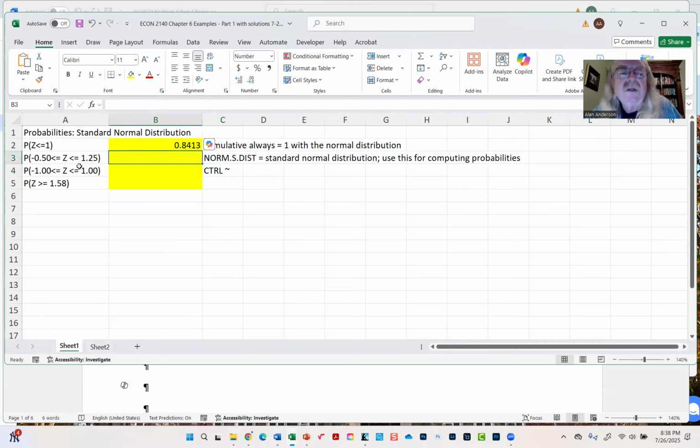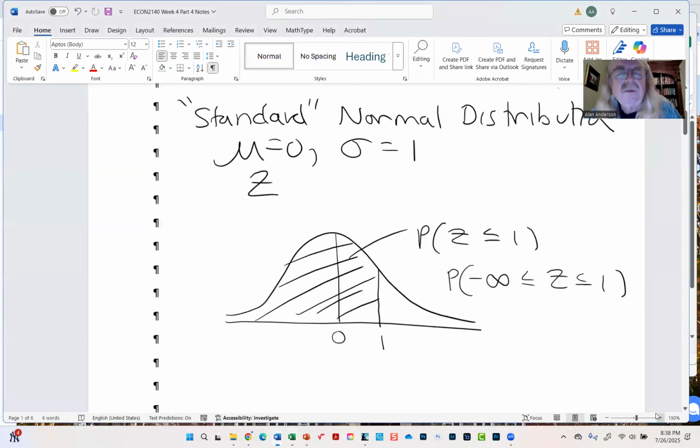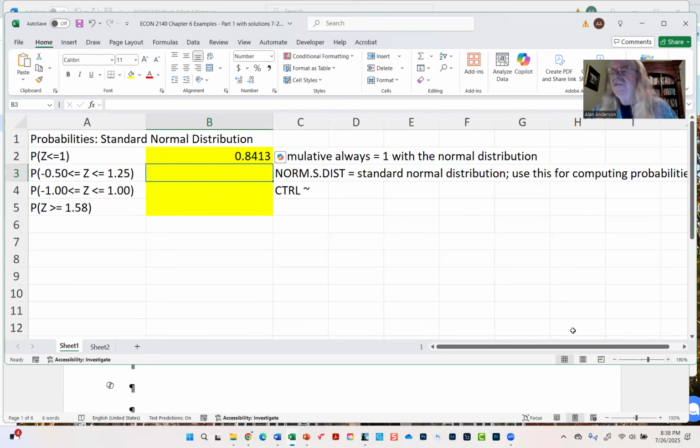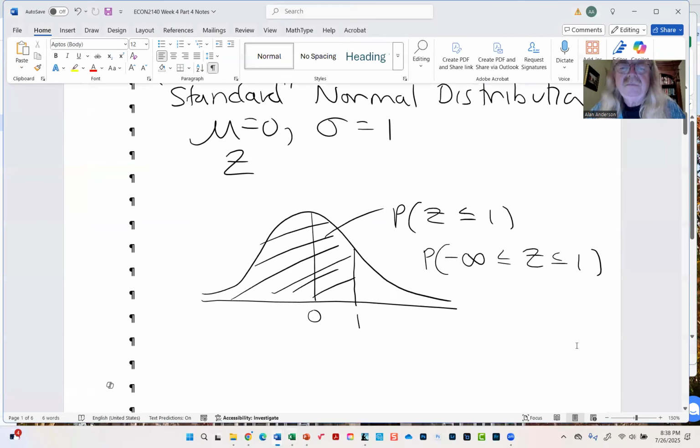Now, here's an interesting one. We need to find the probability that z is somewhere between negative a half and positive 1.25. Now, what does that look like in the graph?